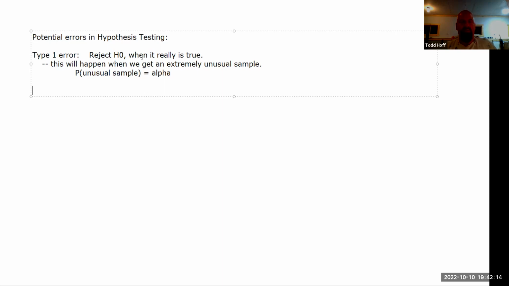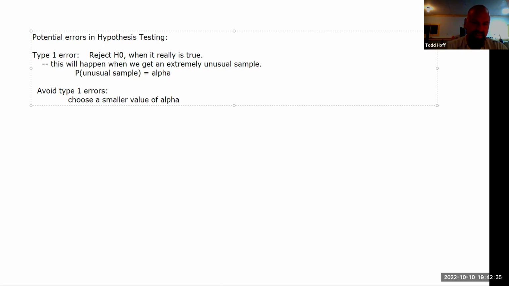Now, the other thing we do to avoid type 1 errors. So the first is choose a smaller value of alpha. The smaller alpha is, the less likely it is to have that type 1 error.